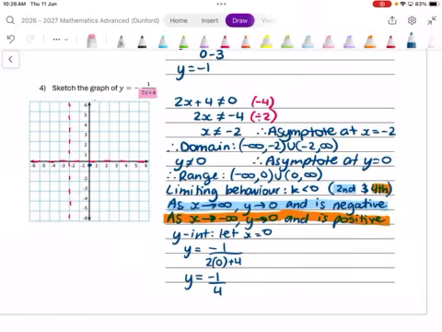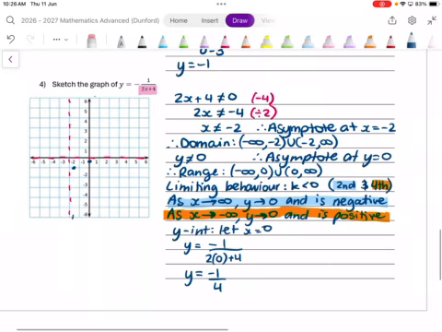So when I substitute in negative 1.5 for x, I get negative 1. If I substitute in negative 1 as well, probably should do that, that gets me negative a half. Okay, that gives me enough information to get the general shape of my curve for the hyperbola in that quadrant.